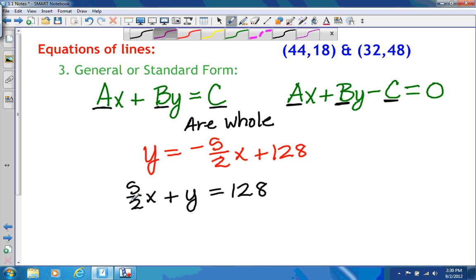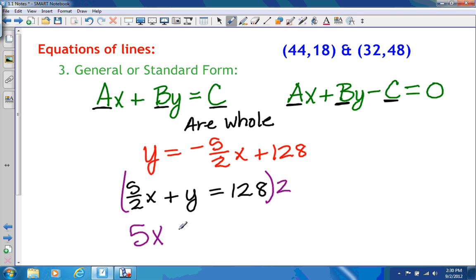And getting this to be a whole number, we would multiply the whole entire equation by 2 to get a final answer of 5x plus 2y equals 256. Or in this case, it would be 5x plus 2y minus 256 equals 0. And I'll let you look up the difference between general and standard form.